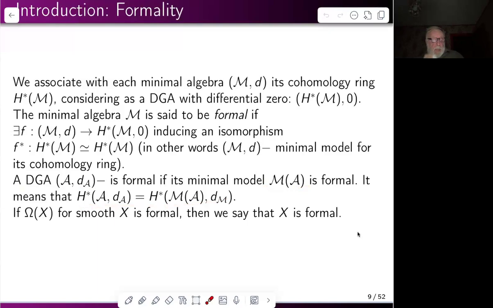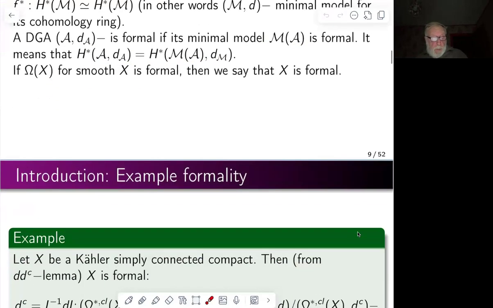For example, we will see similar things for the de Rham case. If our algebra, the exterior algebra of smooth forms, is formal, then we say that the very manifold is also formal. So the terminology will transfer to the manifold.